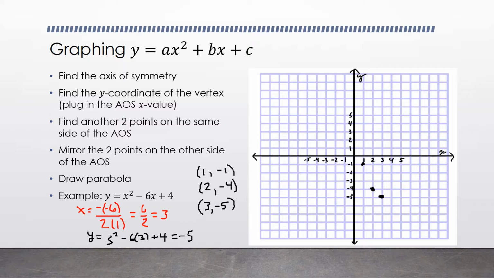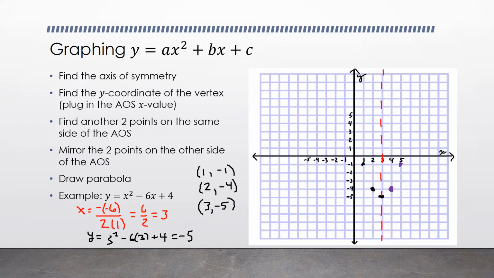Now remember, my axis of symmetry is x equals 3. So now I need to reflect these points over x equals 3. This line, if you will, right here. And there's nothing wrong with drawing a dotted line in as your axis of symmetry if need be. So now, in a different color, I'm going to reflect that point over, and I'm going to reflect this point over.